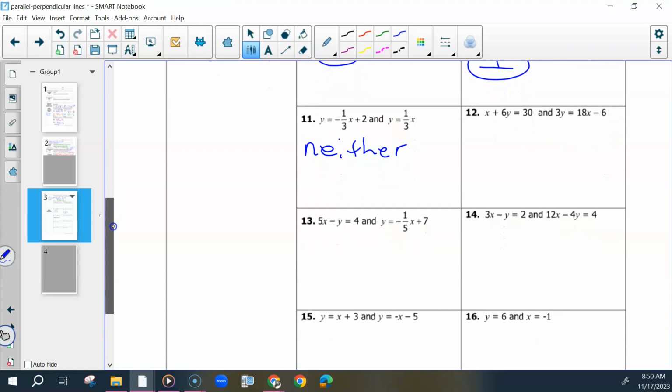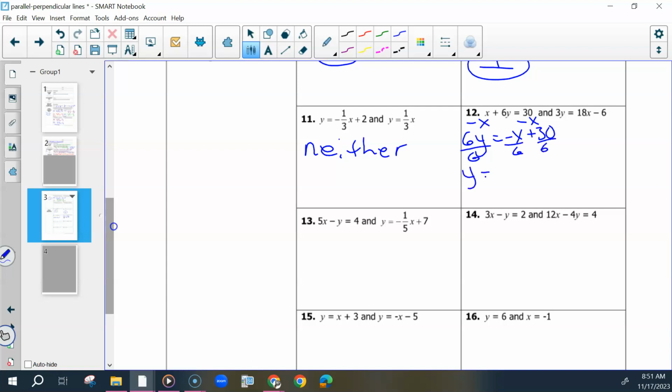And then some of them you'll have to solve. So like number 12, let's solve that one. We have to get this one back in slope-intercept form. How would we do that? Subtract x on both sides and divide everything by 6.